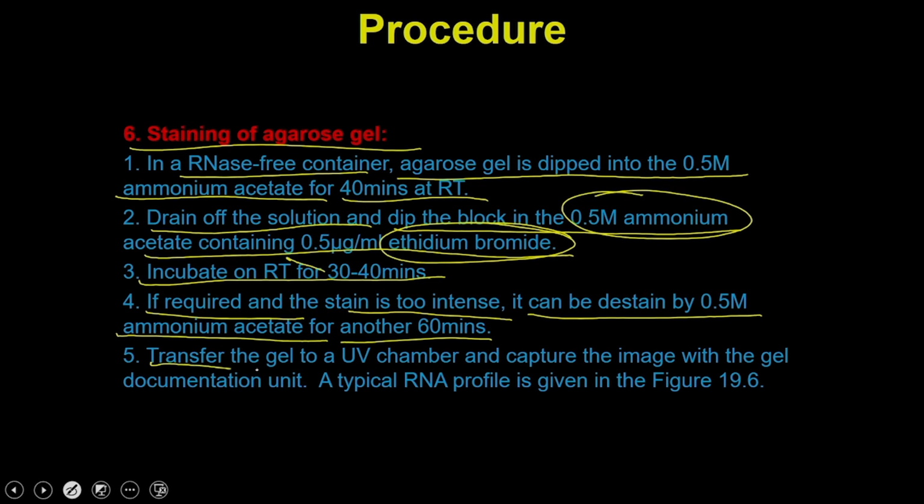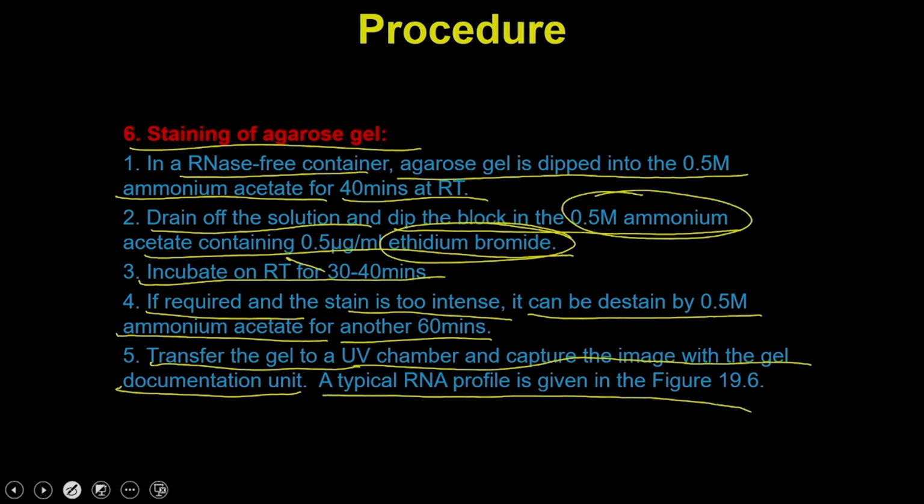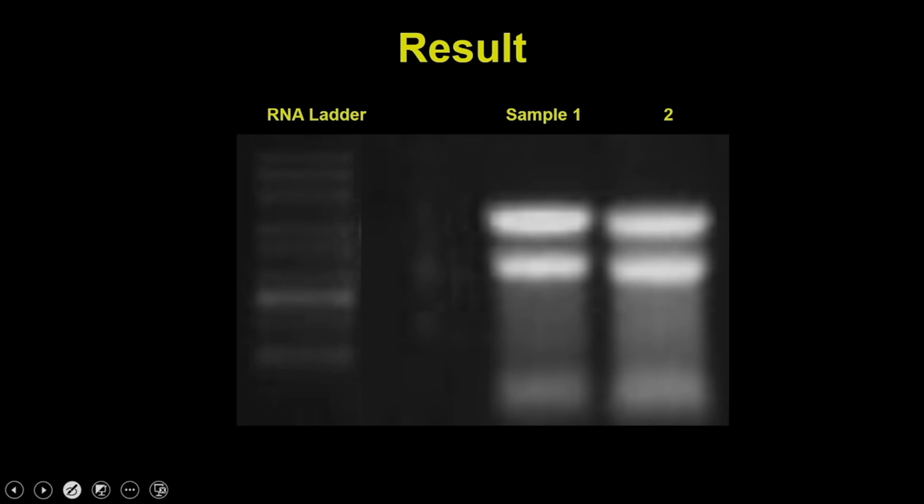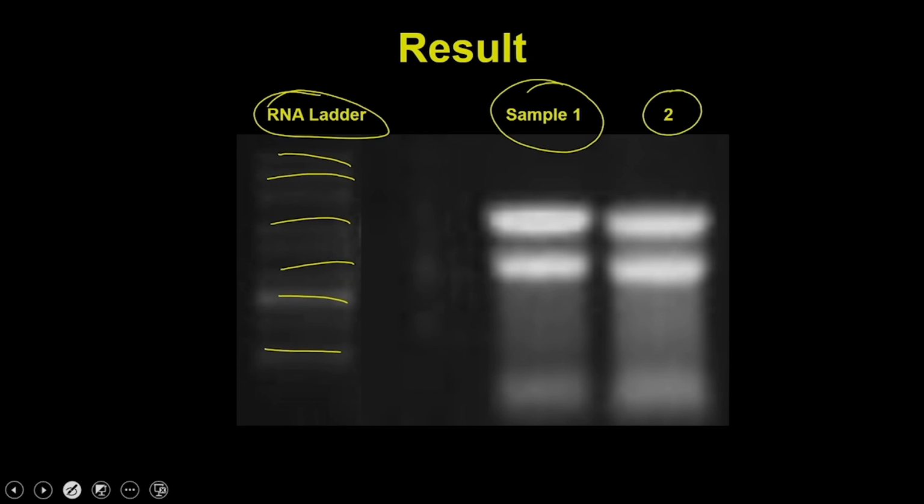Then you transfer the gel to a UV chamber and capture the image with a gel documentation unit. A typical RNA profile looks like this. Here, this is the RNA ladder, with bands of different sizes, and the typical sample will look like this, where you have RNA of different sizes that are resolved.